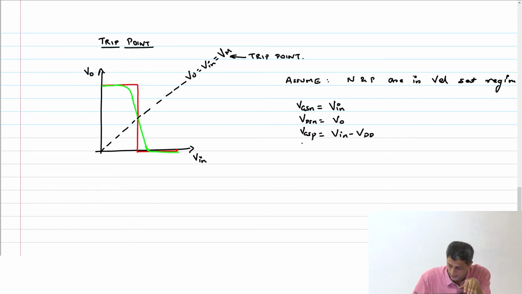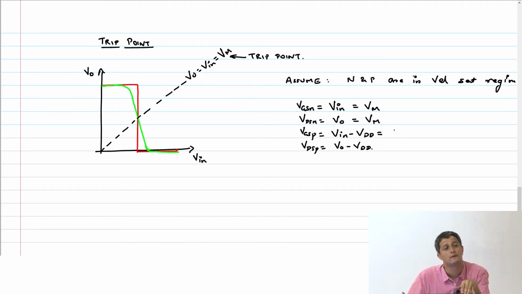We will use this again and again. VDSP is V out minus VDD. So when V in equal to V out equal to VM, this will simply become VM, right? This will be what? VM minus VDD, VM minus VDD, okay?